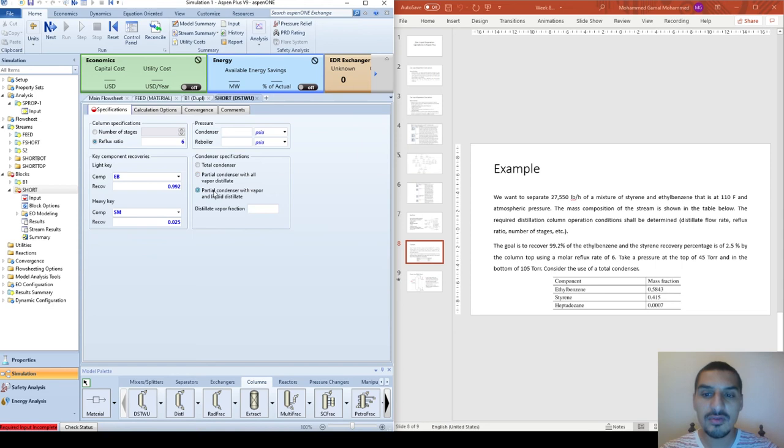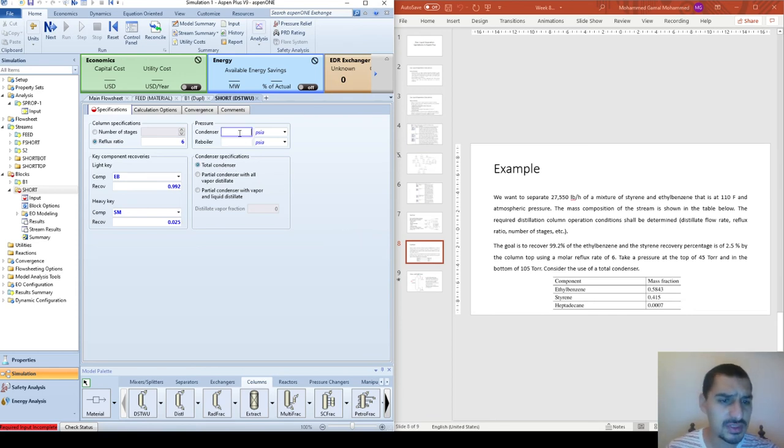Or you can have the option to have vapor and liquid distillate. So some of the condensed liquid is refluxed to the distillation column, and the other part of the liquid and vapor are coming as distillate. And that's why you can choose how much vapor fraction that you need in the top product. So we're gonna go for a total condenser.